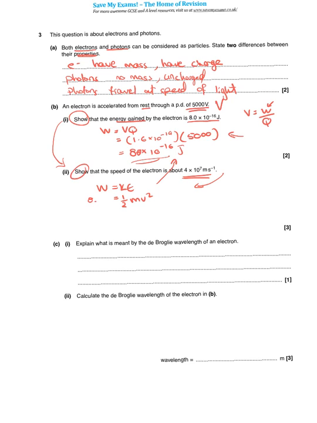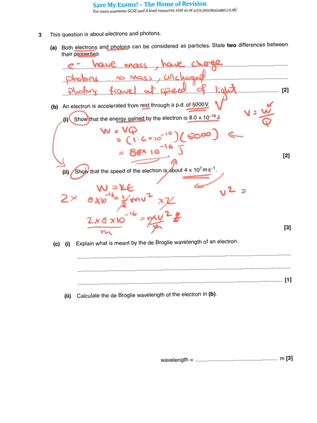So 8 times 10 to the minus 16. I multiply both sides by 2 to get rid of the half, so 2 times a half is 1. So we have 2 times 8 times 10 to the minus 16 is equal to mv squared. Now I need to get rid of m, so I divide both sides by m. M divided by m is 1, like 5 divided by 5. And that's the mass of the electron. Still, we're focused on electrons.